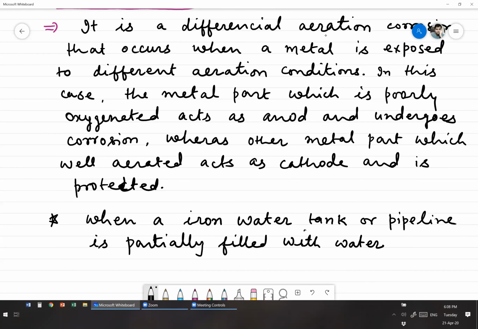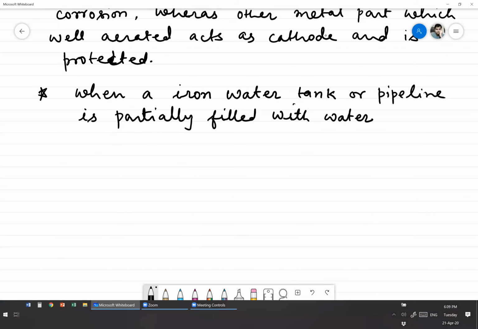Okay, so in that case, what happens? When water is stored in a steel tank, then corrosion occurs along the line just beneath the water meniscus. Let me draw the diagram here, then I will explain. So here we have taken a water tank which is made of iron.